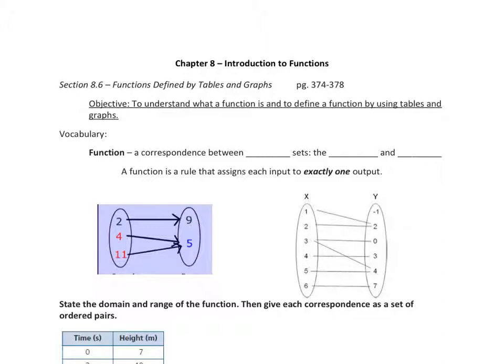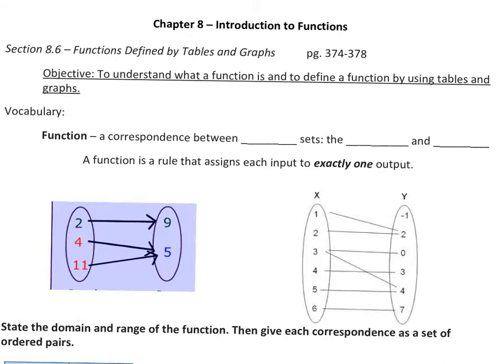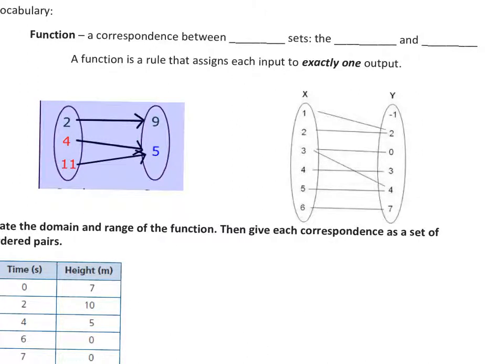So first, if we go up here to the definition of a function, I know we already talked about this, but a function is a correspondence between two sets. And the two sets are the domain and the range.